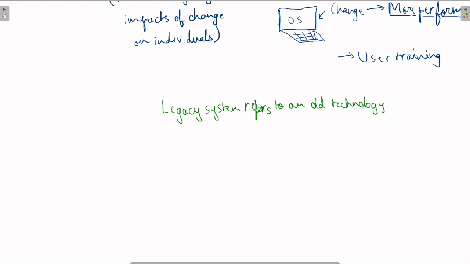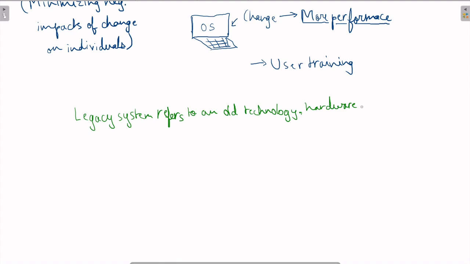Basically a legacy system refers to an old technology, hardware, computer system, software, whatever, right? I won't write all of those, but it's anything that is old. That's the basic informal definition that you need to remember. They don't ask you for the definition itself, so it doesn't matter much.